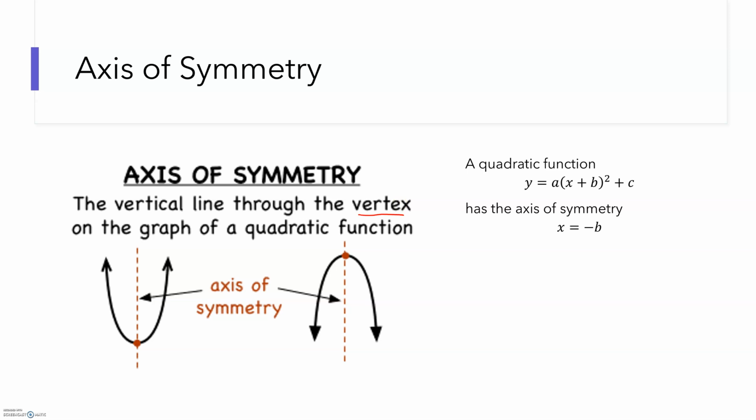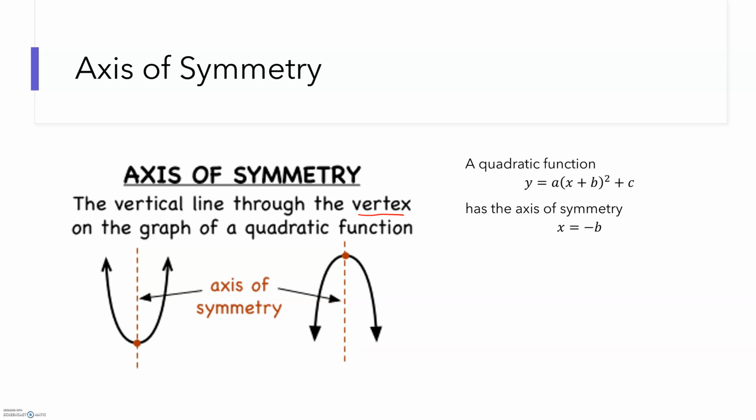If we draw a vertical line across that particular point, then we can call that the axis of symmetry. Symmetry means the same, and axis means a vertical or horizontal line. In this case, it's a vertical one, so it goes from top to bottom.